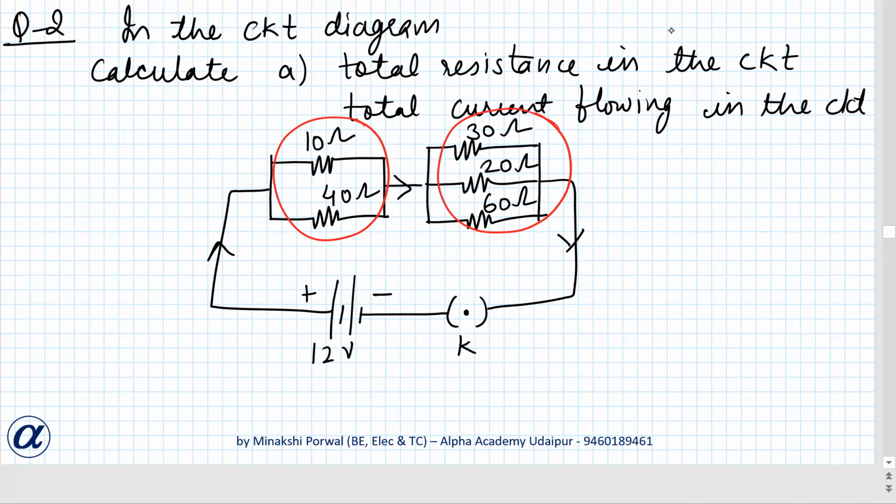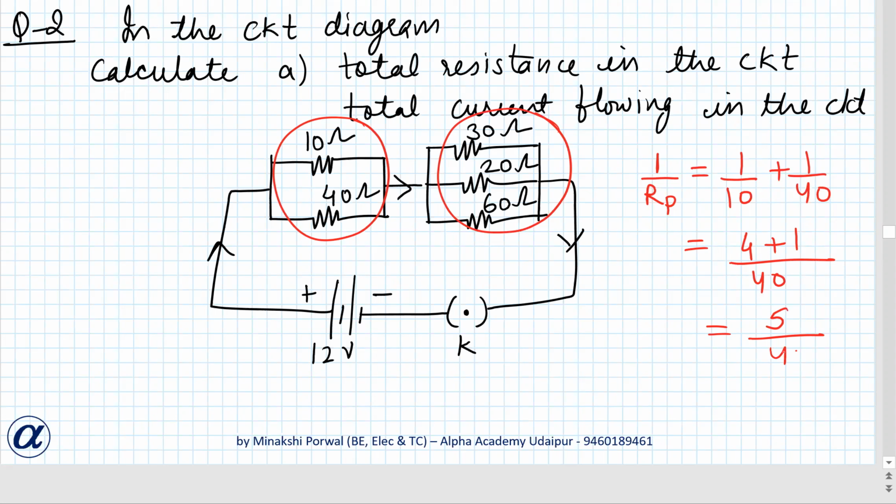So parallel combination of 10 and 40, 1 by Rp equals 1 by 10 plus 1 by 40. So it is equal to, 40 is LCM, 4 plus 1, or this is 5 by 40, or Rp equals 40 by 5, that is equal to 8 ohm. So 8 ohm is actually the resultant combination of these two resistances.